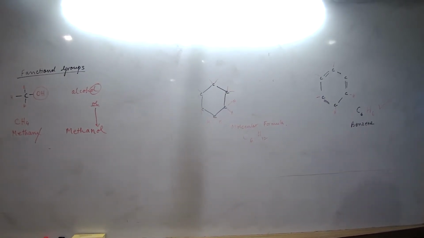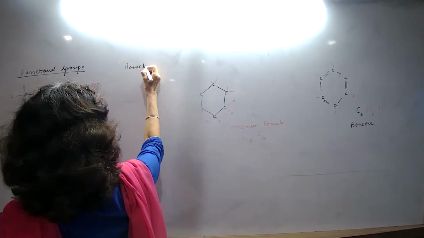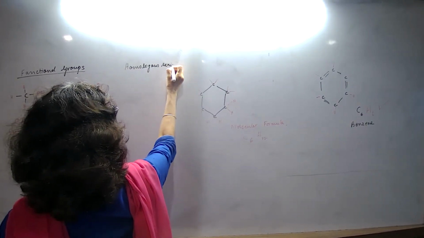A series of compounds in which the same functional group substitutes for hydrogen in a carbon chain is called a homologous series.